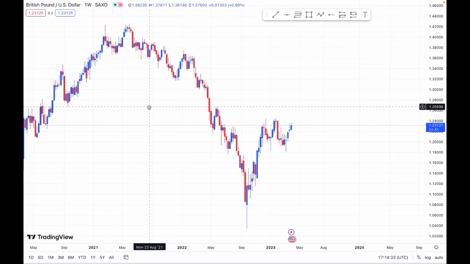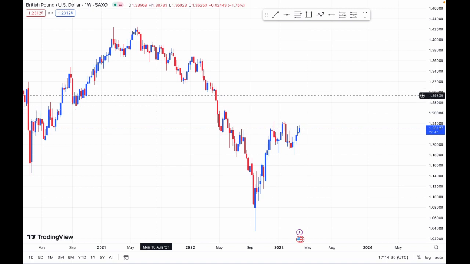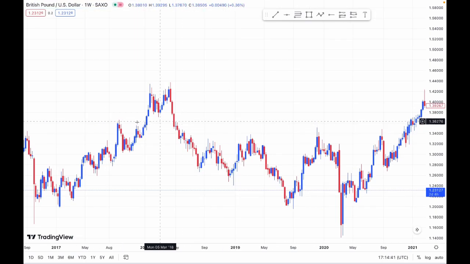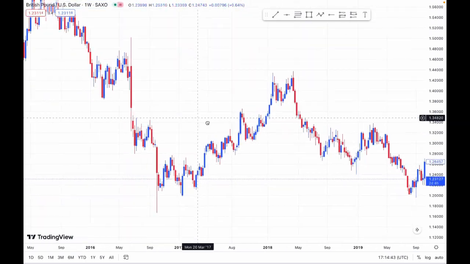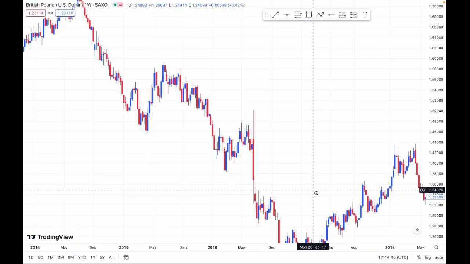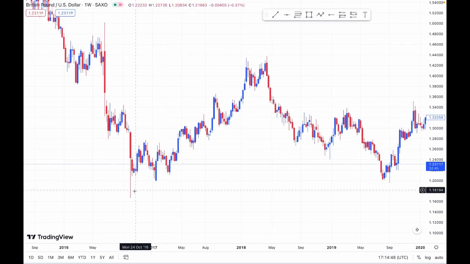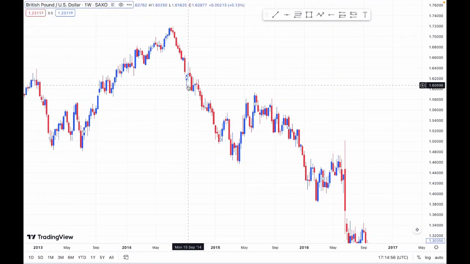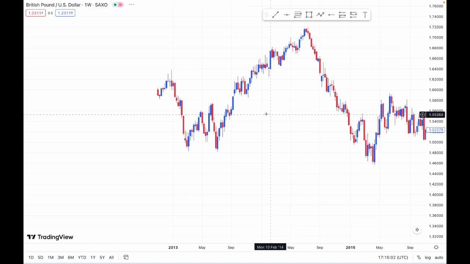Okay, so GBP USD is actually very nice because it doesn't really trade sideways that much as other pairs do. Okay, again, before I just find that, just notice how there's a high, low, high, low, high, low, uptrend, downtrend, same story, low, high, low, high, low, high, low, high, low.